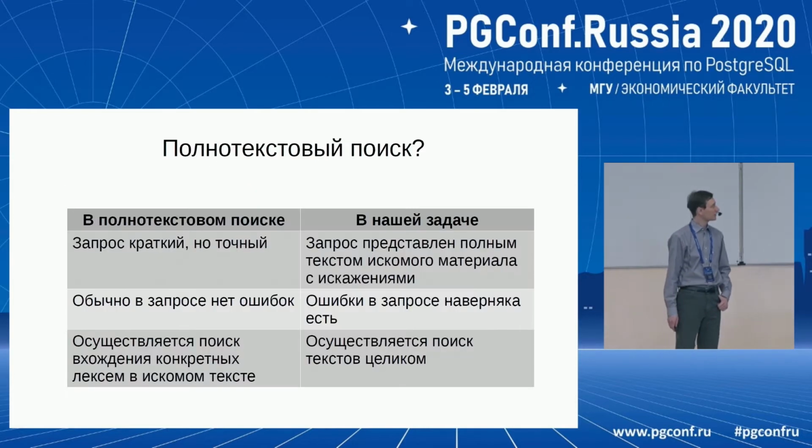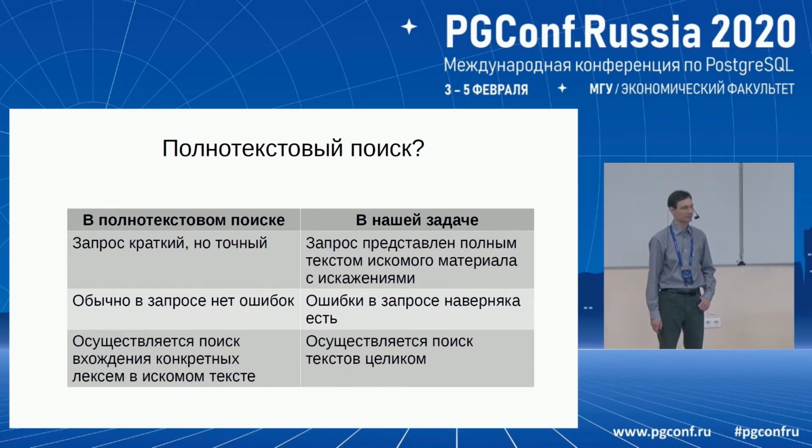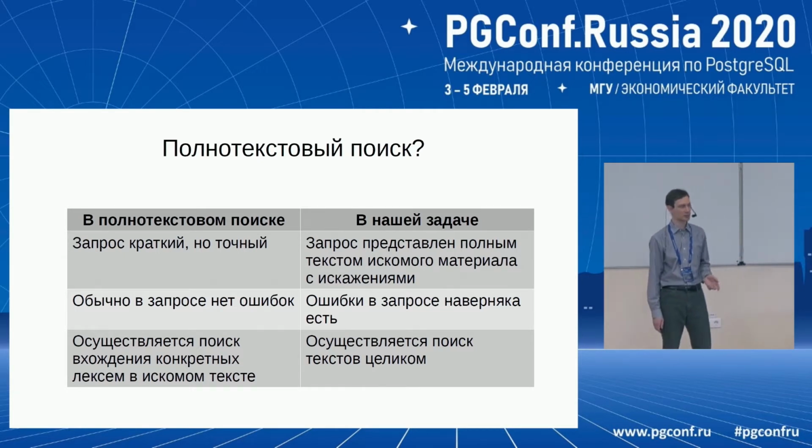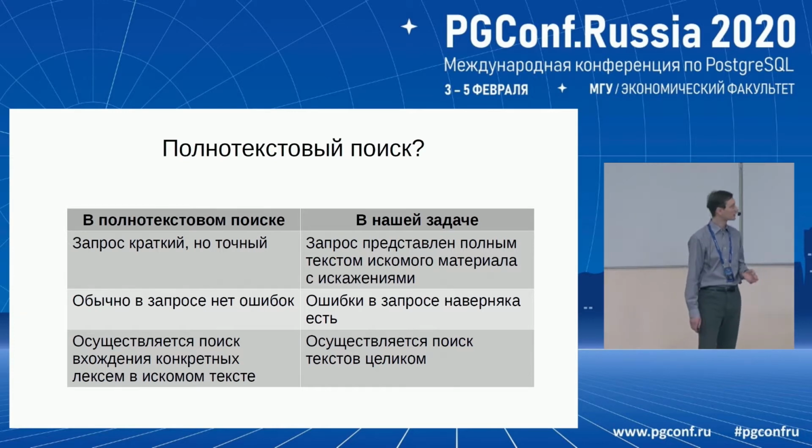What can we use? What if this is a full text search? But it's not the case, because in full text search, queries are short and accurate. Either we are looking for something or we say what we don't need, and we are looking for specific things. We can specify specific lexemes or relations between these lexemes. So we have a criteria, and even if we have some mistakes, full text search will deal with it.